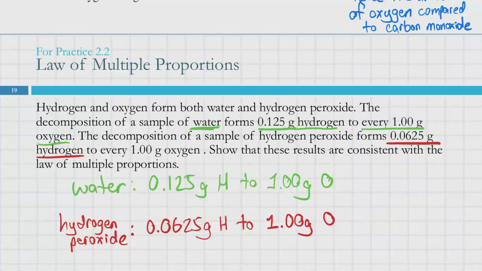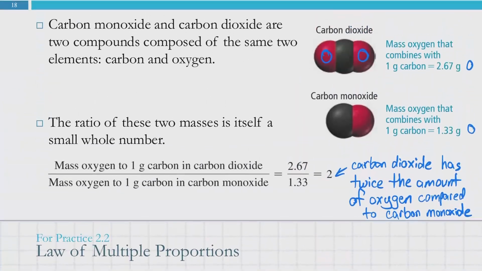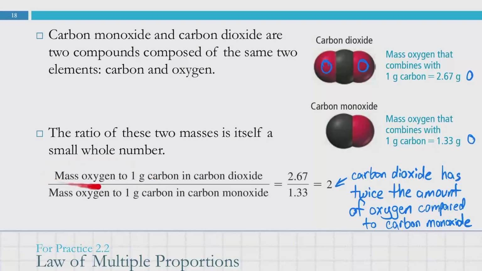And we want to show that these results are consistent with the law of multiple proportions. So for the law of multiple proportions, we're going to take the mass of an element to 1 gram of another element, on top in our first chemical, do the same mass ratio on the bottom, or divide them, and we should get a whole number.